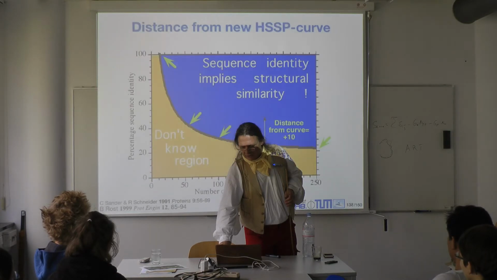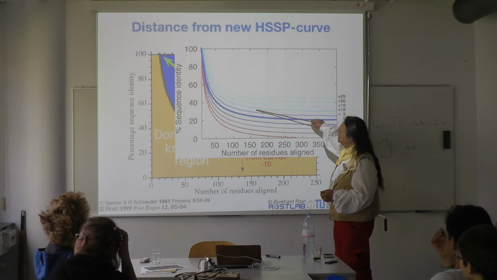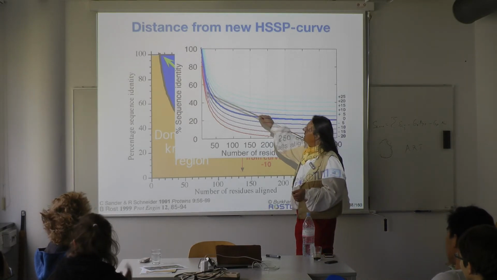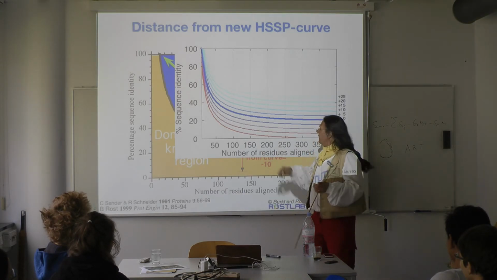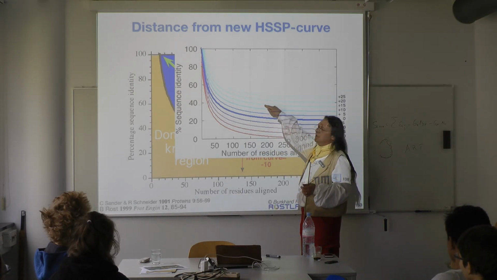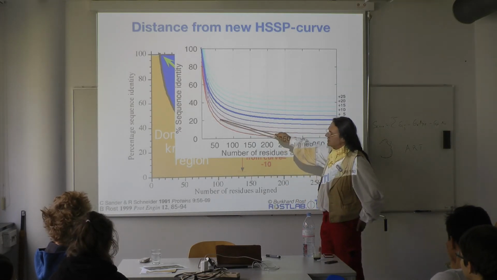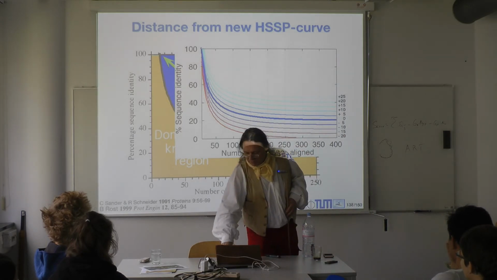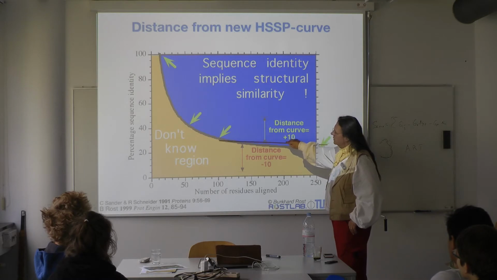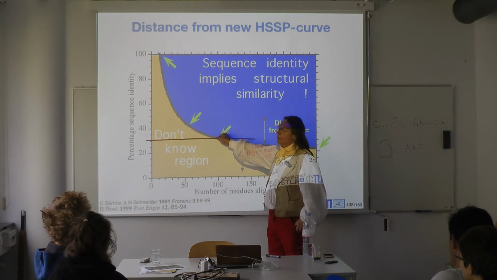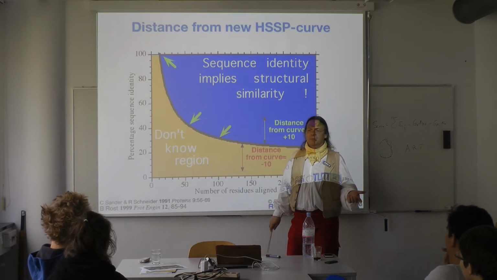Now, in terms of density, what we're going to show now is I'm going to look at distances from this curve. So this is the curve I show. And now I'm going to ask how many are right or wrong if I go +5, +10 and so forth, or -5. On a level of 100% sequence identity, well, maybe let me just make this one point about the curve. What the curve implies is if you have 100 residues aligned, and 33 of those are in fact identical, then essentially these two proteins have a similar structure.